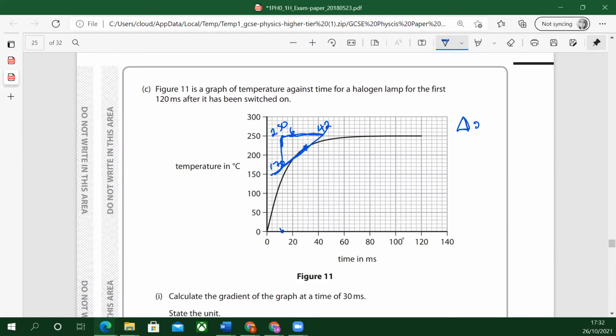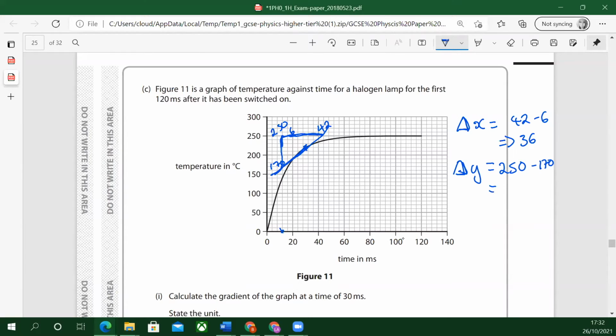So delta x, how much the x has changed, 42 minus 6. Okay, so that is 36. So if you have a moment where you can't work something out, I think you always have a calculator in these exams. Delta y is this one, 250 minus 170.